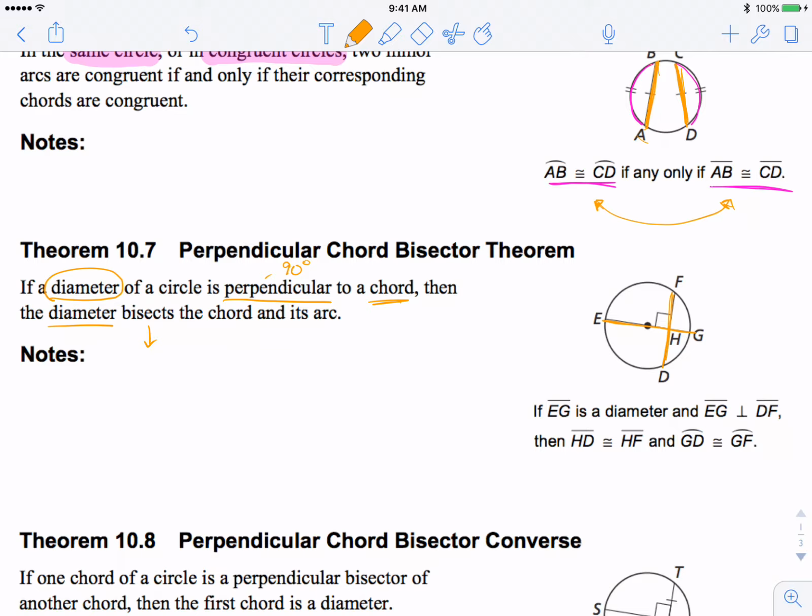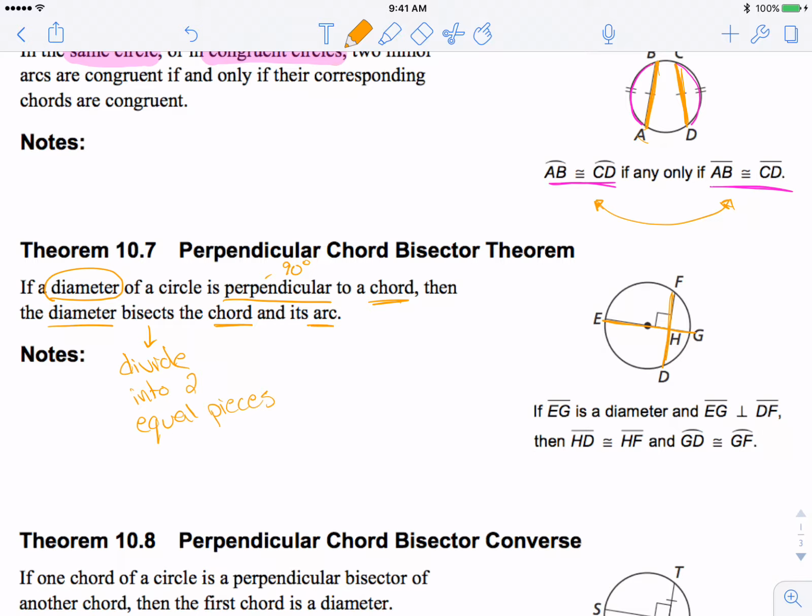If we review what bisect means, it means divide into two equal pieces. It bisects not only the chord, but also its arc.